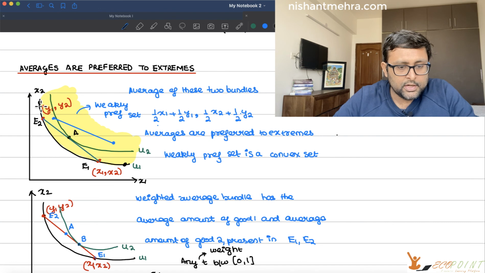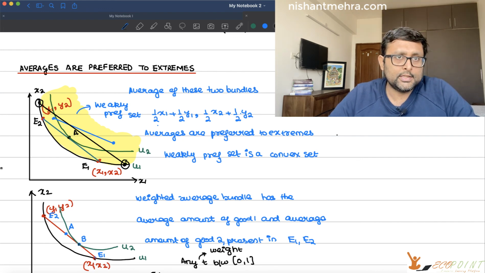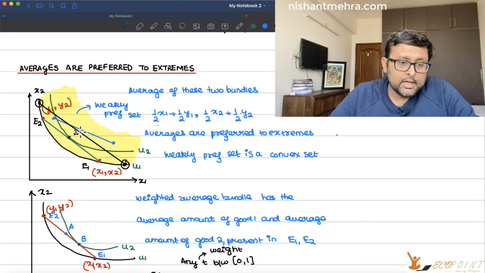This point has a huge amount of X1 and less amount of X2. This point has a huge amount of X2 and less amount of X1. So it's also like specializing, right? But you would not want to specialize. Rather, you want to consume somewhere here in the middle.